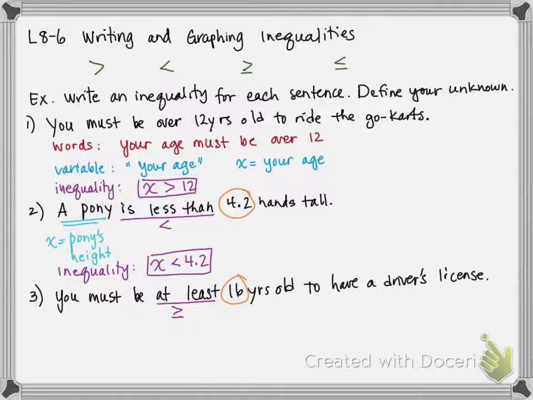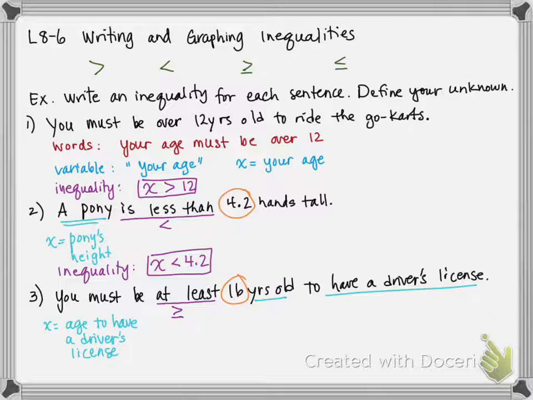So when we're talking about years old, have a driver's license, we're going to say it like this: age to have a driver's license. You could say your age to have a driver's license.